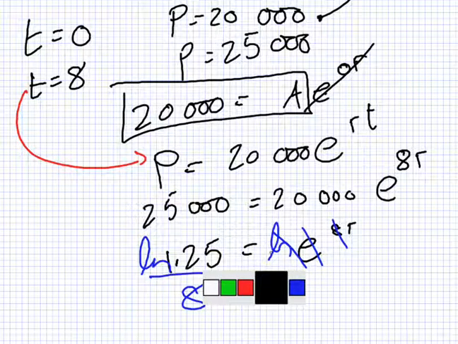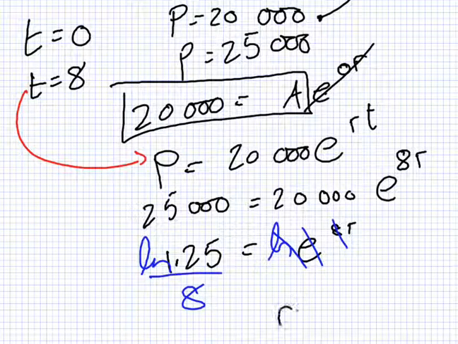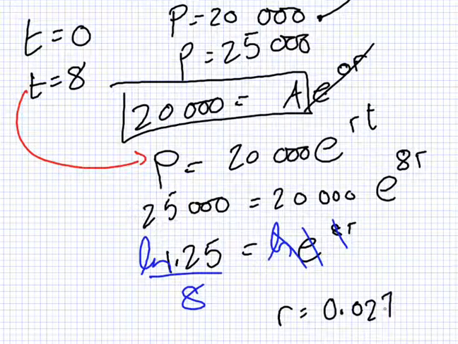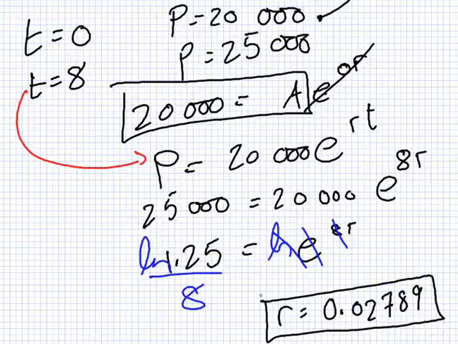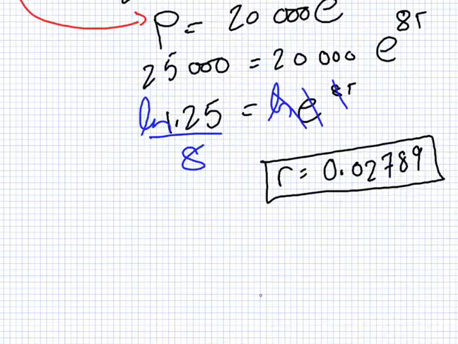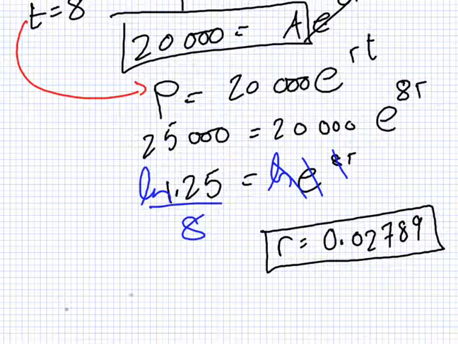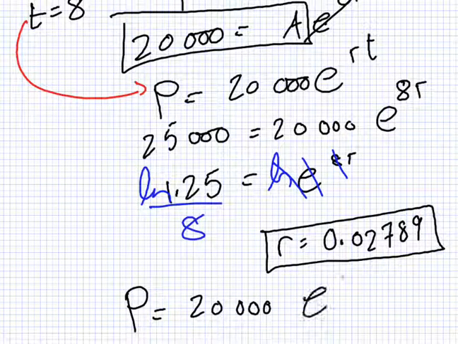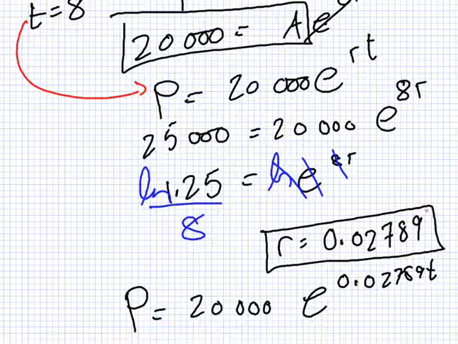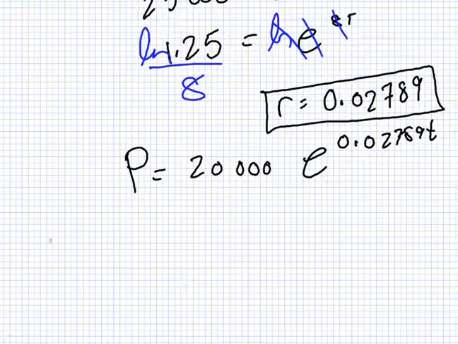So now I have r equals 0.02789. So now I have population equals 20,000 e to the power of 0.02789t. Part 1 is finished. Part 2, what is the population in 2012?